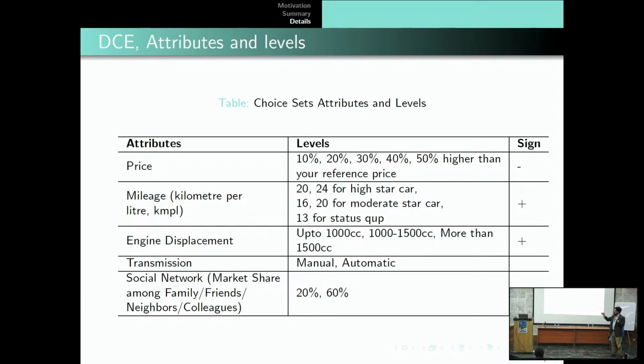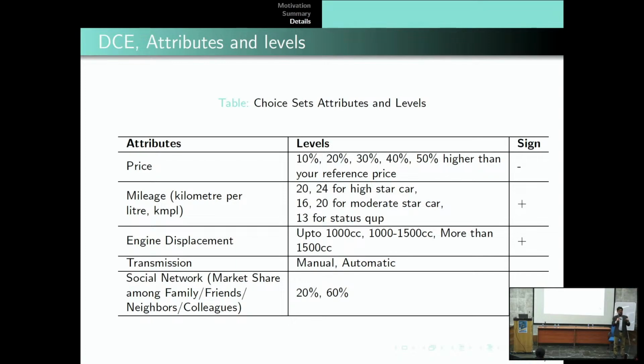What we did was, we asked in the first section of the survey, you are in the market, what is the price that you are expecting or planning to pay for a car in the future.